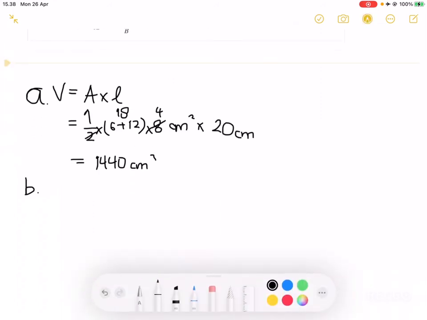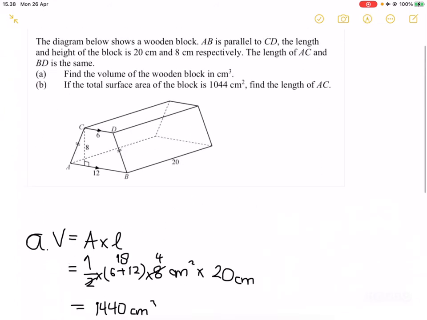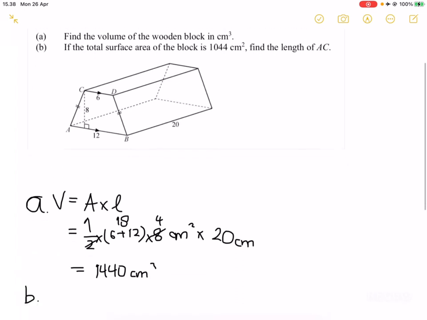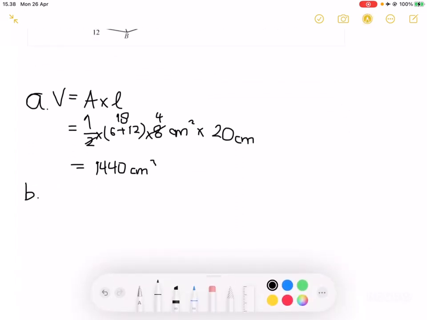And for part B, if the total surface area of the block is 1044 centimeters squared, find the length of AC. We can derive the surface area of a prism, which is 2 times the area of the base plus the perimeter of the base times the length.